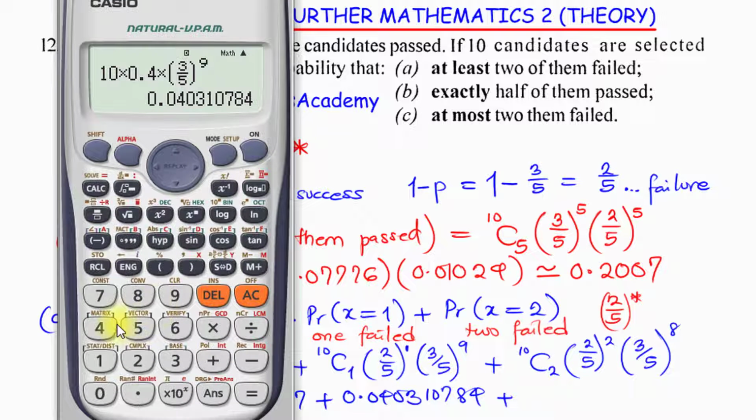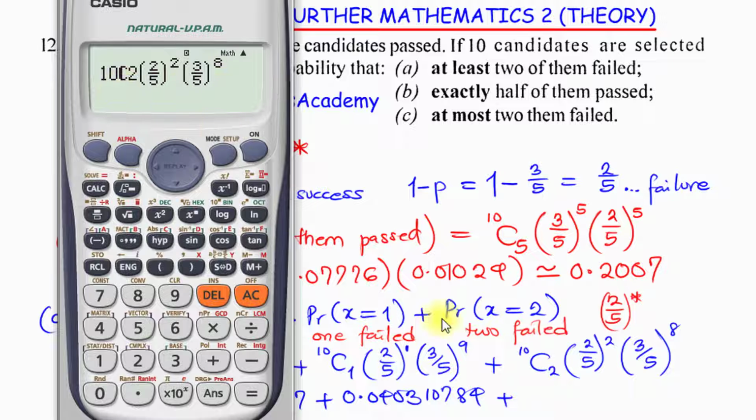Plus, in the third case, I have 10 combination 2. Let me just write this straight: 10 shift division 2, multiplied by 2 over 5 to the power of 2, that's squared, then multiplied by 3 over 5 to the power of 8.